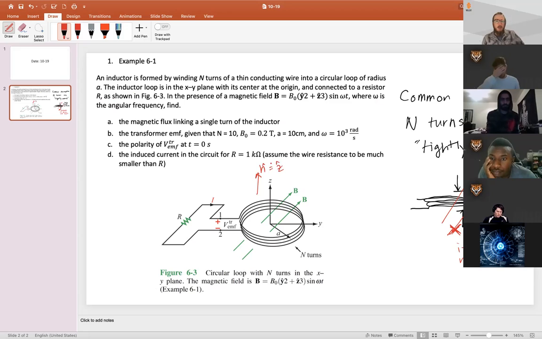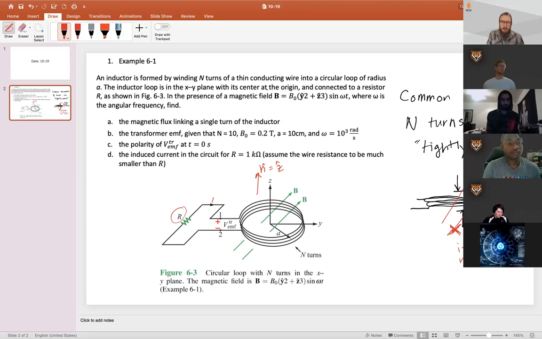Okay. And these windings are all connected up, and at the beginning and the end, they're connected via a resistor R over here. Okay. And it's in the presence of a magnetic field. All right.